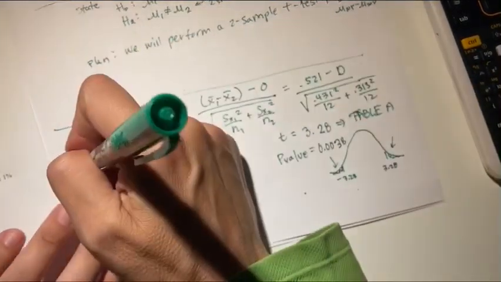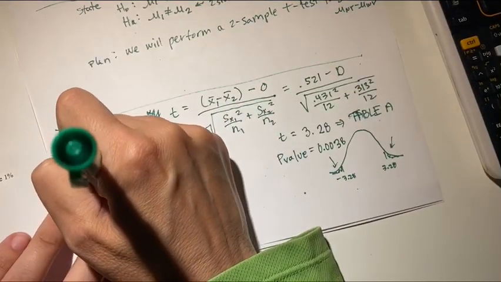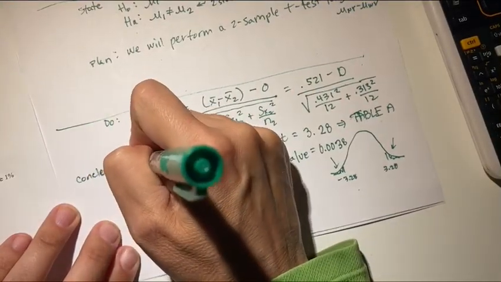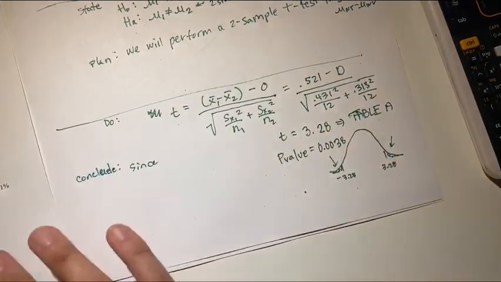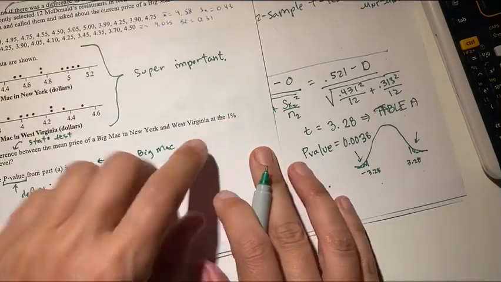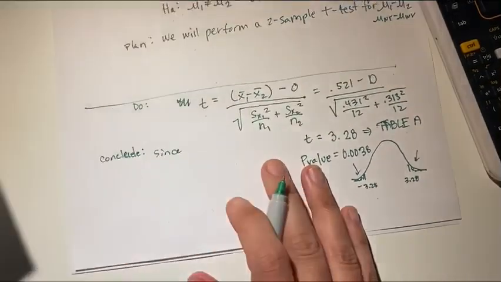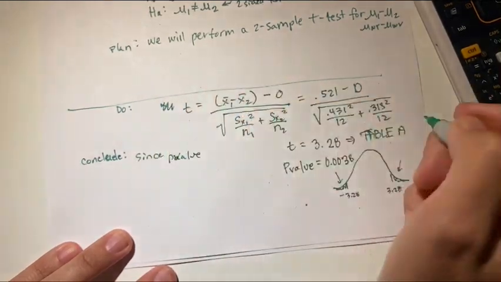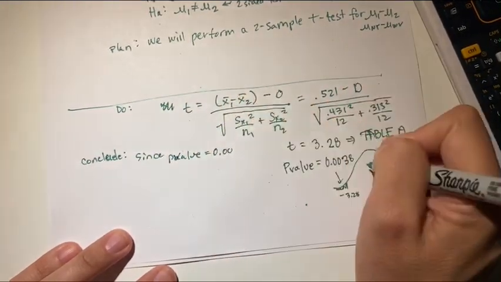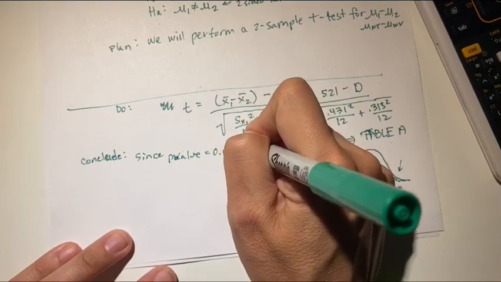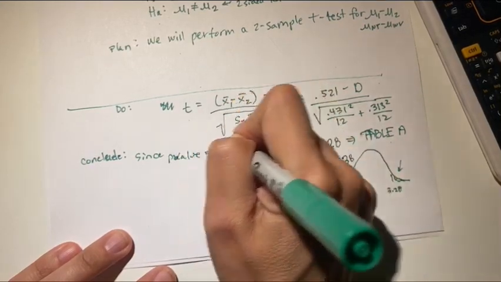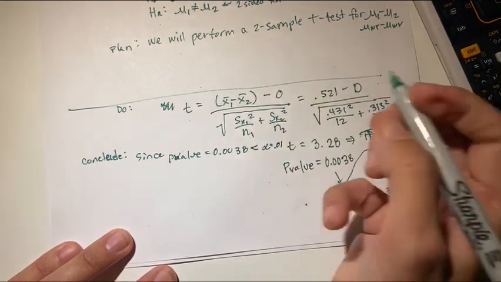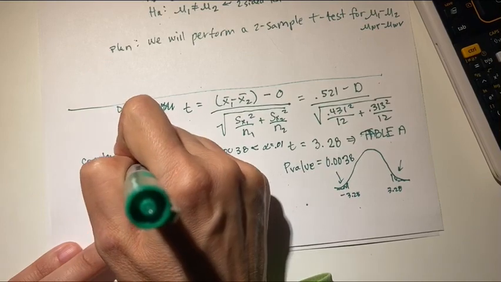It means since it says at the level of 1%, that wouldn't have mattered either way, but since our p-value is less than alpha, which is 0.01, we reject the null hypothesis.